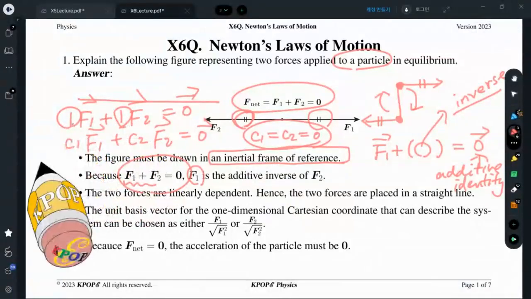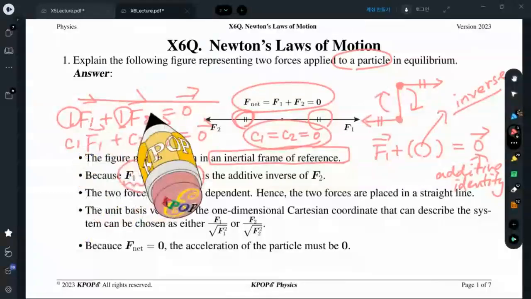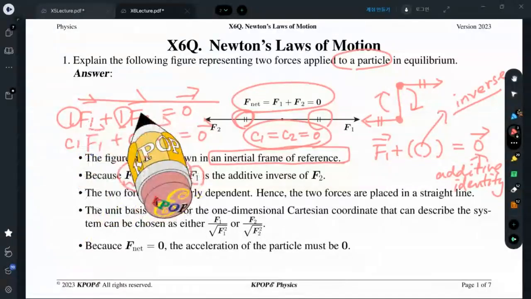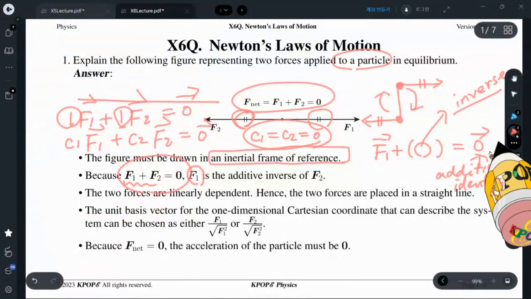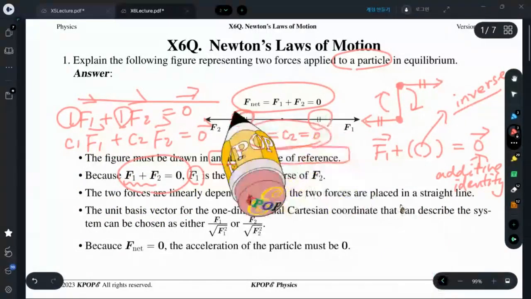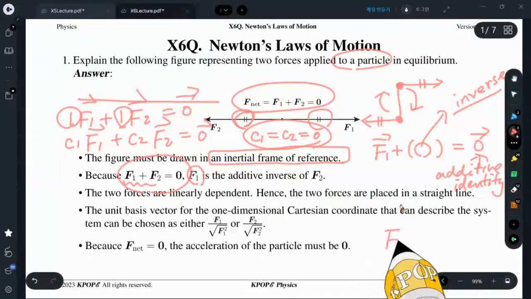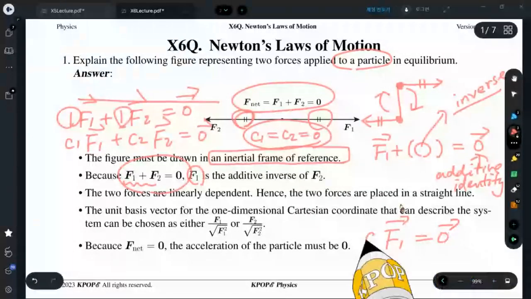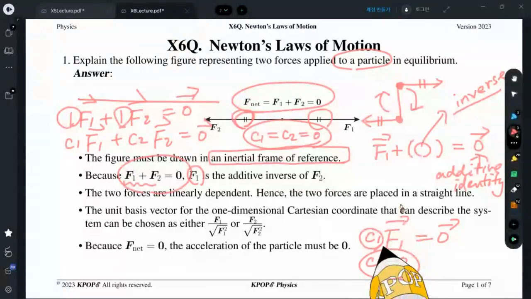If at least one is non-zero, then they are not linearly independent. They are linearly dependent. For example, if I have F1 equals 0, only if C1 equals 0. Yes, F1 alone is linearly independent, only a single one.